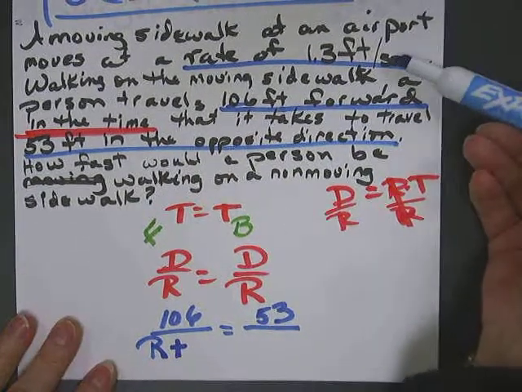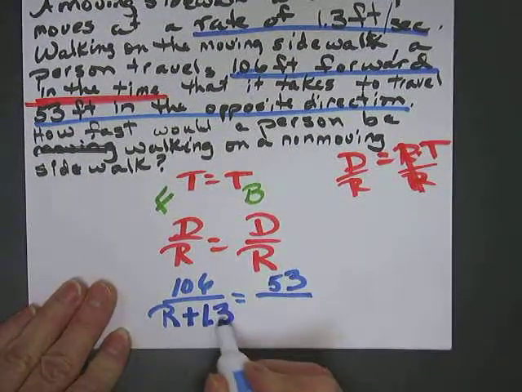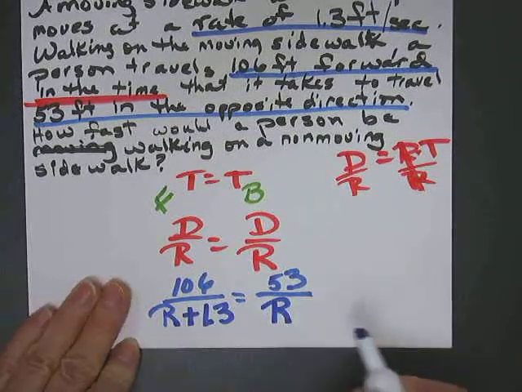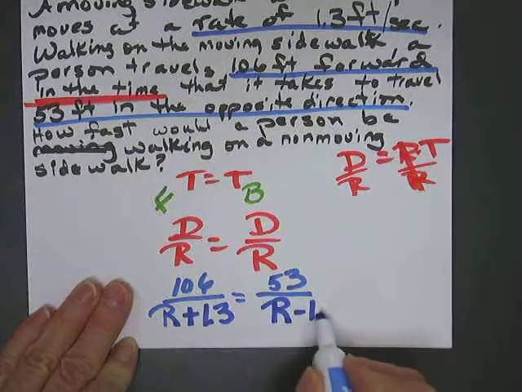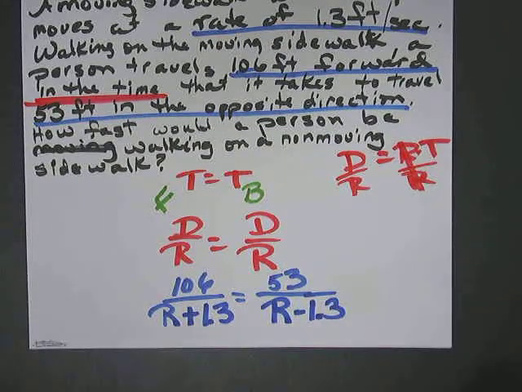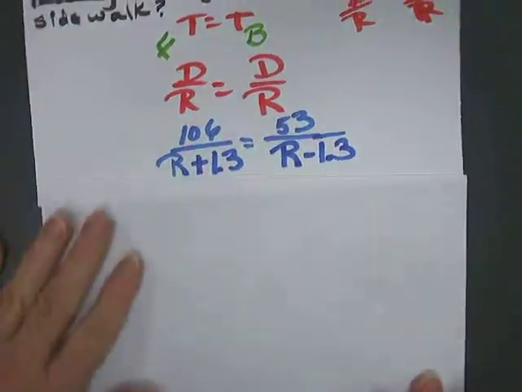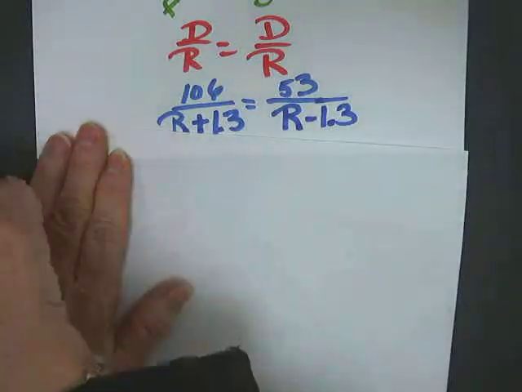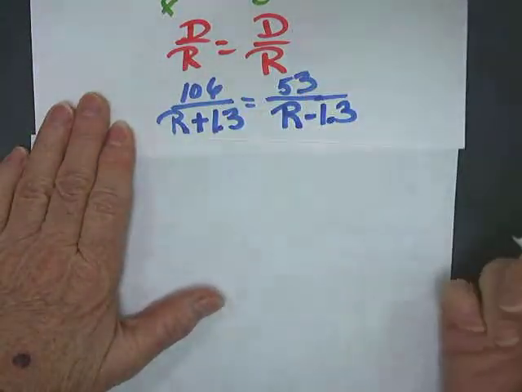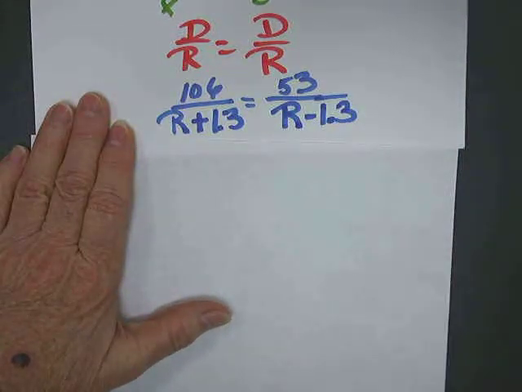When you're going forward, is that rate adding or subtracting? You're going faster, right? The rate plus, what was the speed of the sidewalk? The speed of the sidewalk is 1.3, so we need to put that on there. And going the other direction against the sidewalk, you're subtracting how fast it's going. Okay?